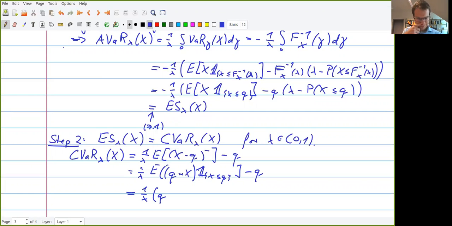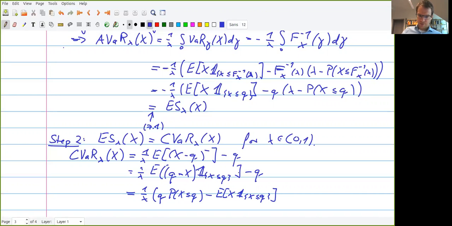You want to ensure that it's always a positive thing. So that's q times the probability that x is less or equal than q, minus the expected value of x multiplied with the indicator function that x is less or equal than q.